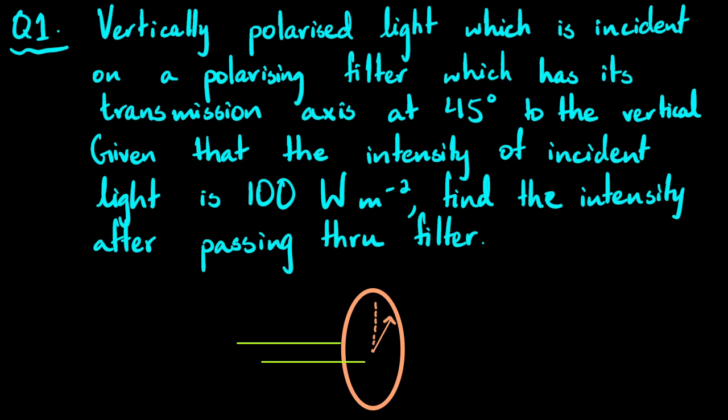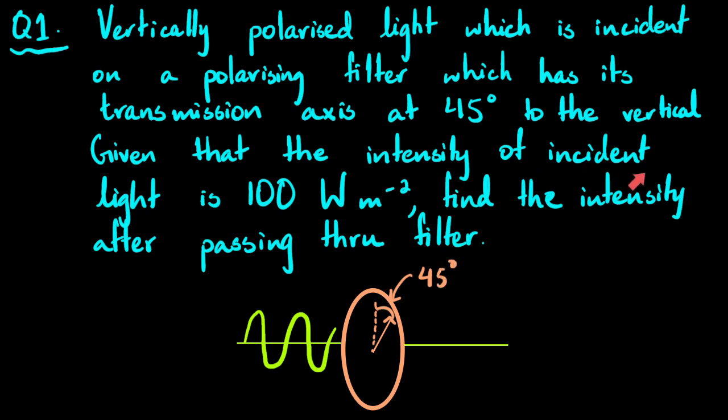Also let's have another ray of light to show the exiting light. The incoming light is vertically polarized, so it's totally up and down, and the transmission axis is at an angle like this, which is 45 degrees to the vertical.